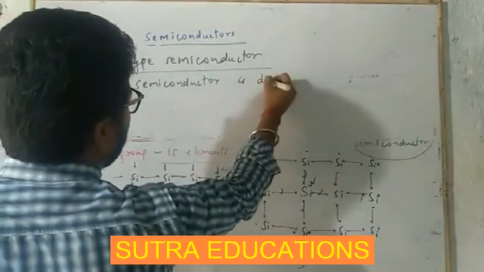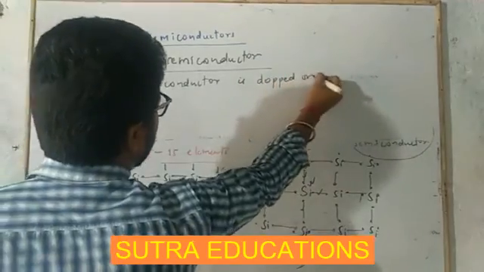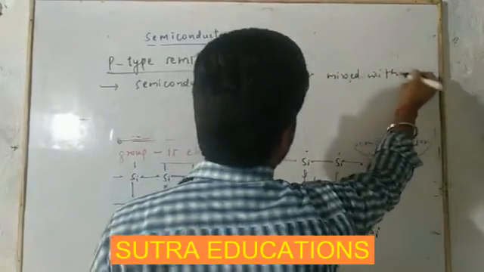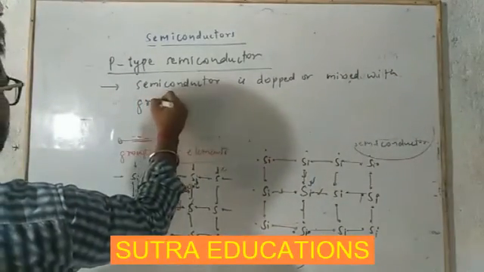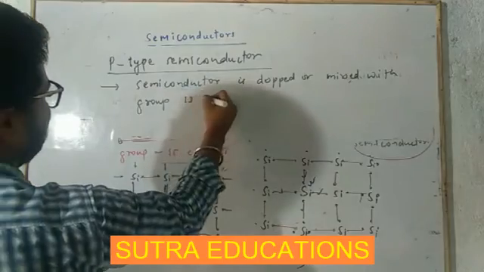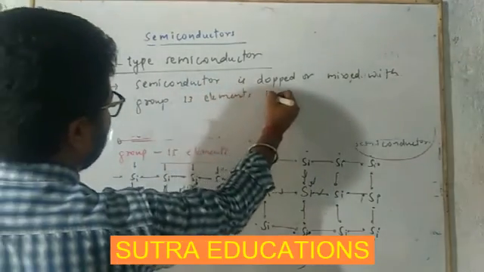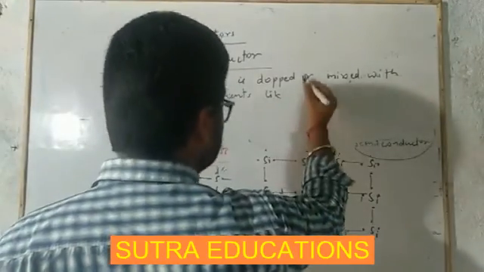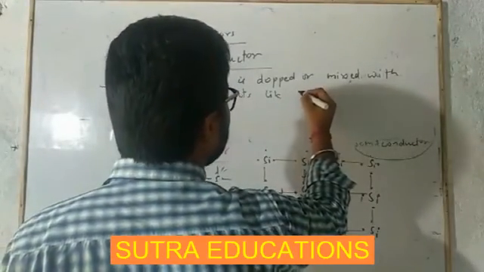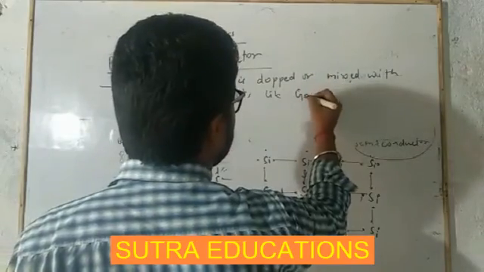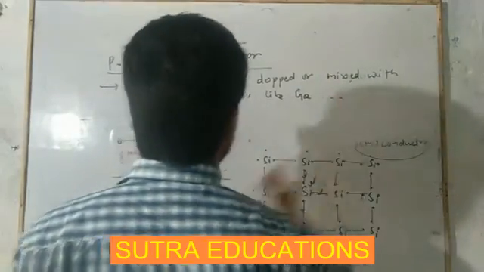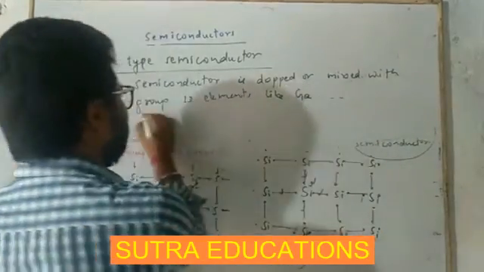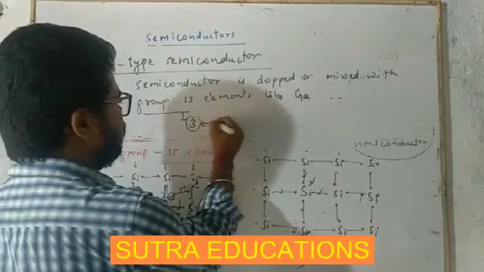A semiconductor is doped or mixed with group 13 elements like aluminum, gallium, etc. I have told you earlier, group 13 elements have 3 outermost electrons.